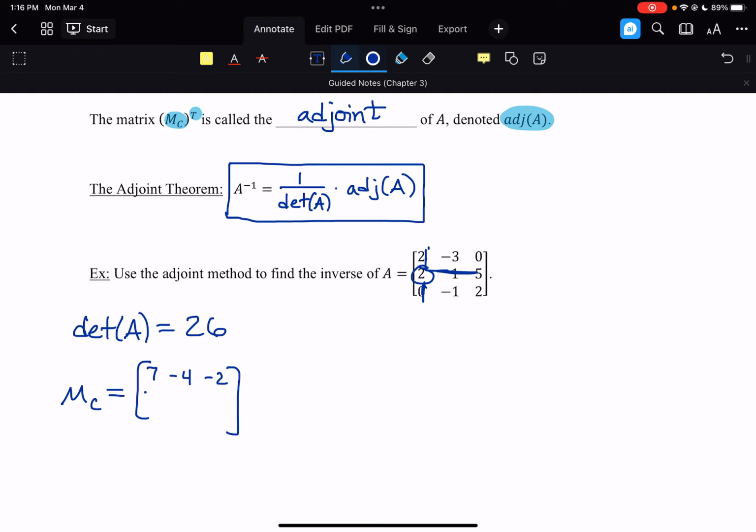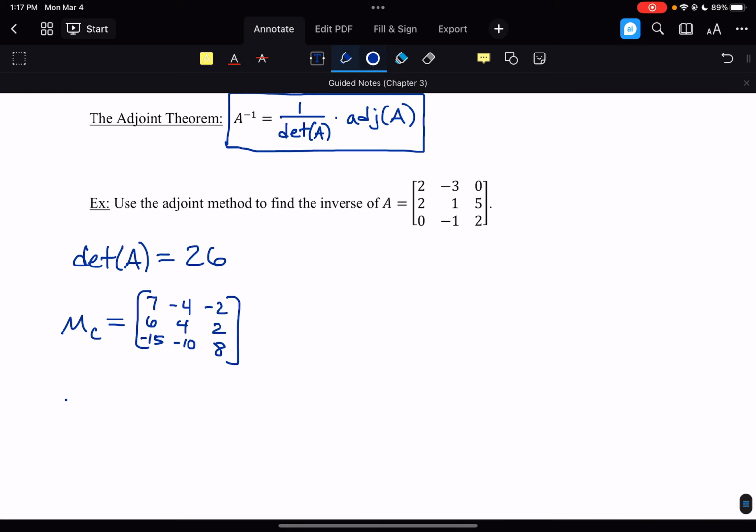But then its position makes this a 6. And I'll go ahead and just fill in the rest of these myself. So that's going to be a 4. That one's going to be a 2. That's a -15. That's a -10. And that one's an 8. So that's going to be our matrix of cofactors.